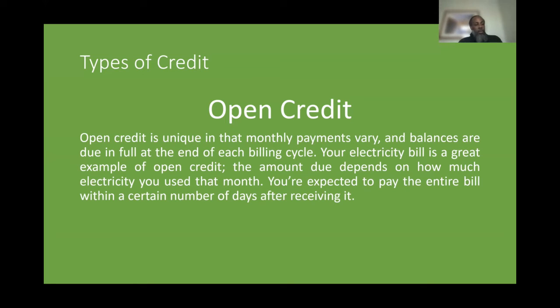So the American Express card is like an open credit line. I would say that. And it's very important to get that, because American Express is not like a regular credit card where you can carry a balance. You have to pay it in full at the end of each billing cycle. So therefore, it's a little more difficult than the other type of credit cards.